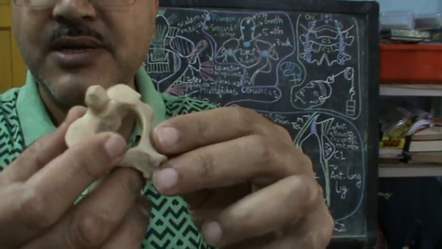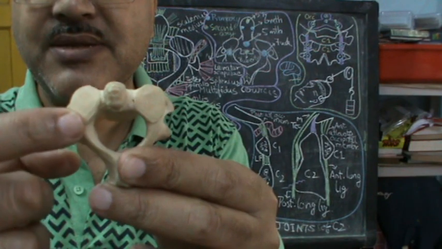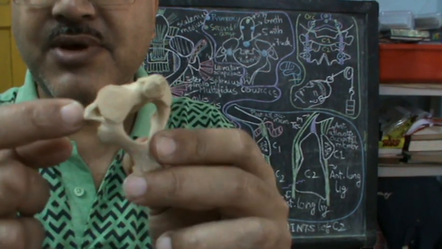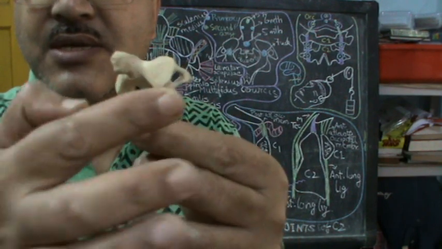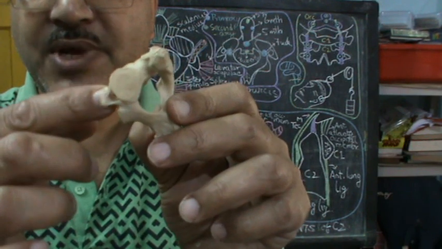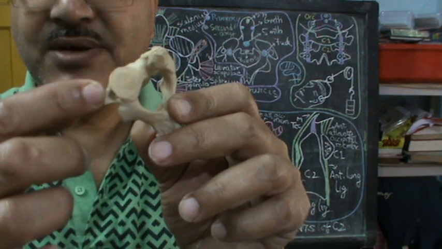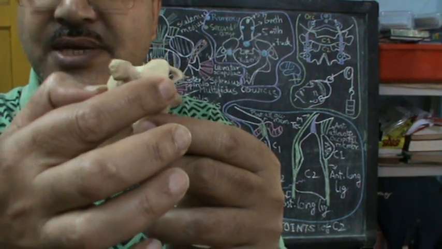Not only that, from the sides of the articular pillars and the pedicles and the junction of the laminae you have these pointed transverse processes, one on this side, one on this side, and within the transverse process you can make out this opening, the foramen transversarium on this side, foramen transversarium on this side.